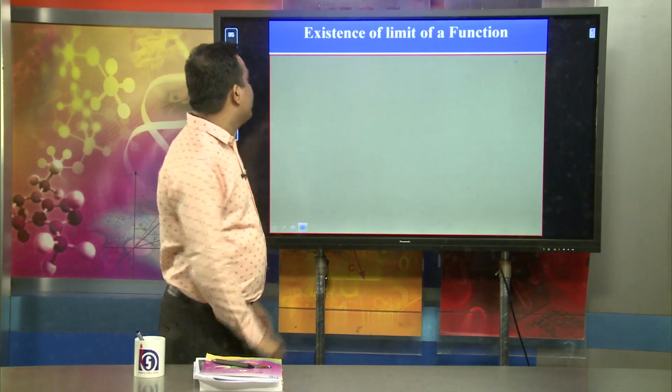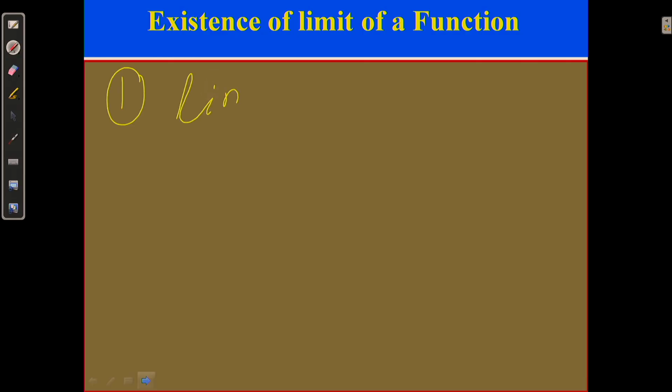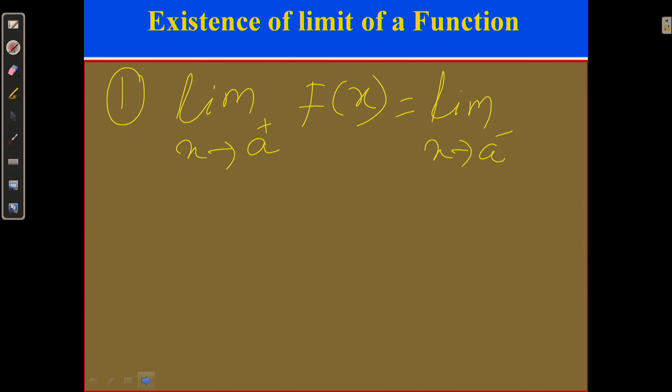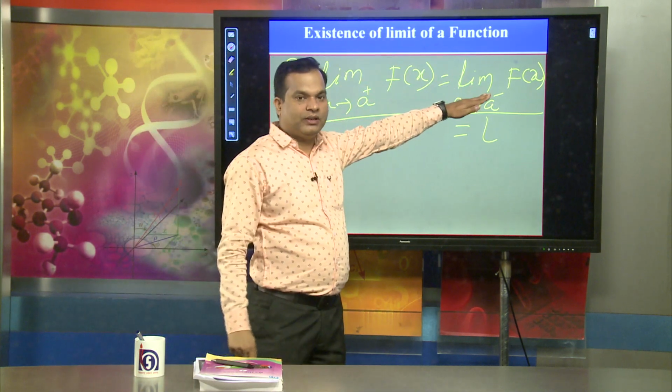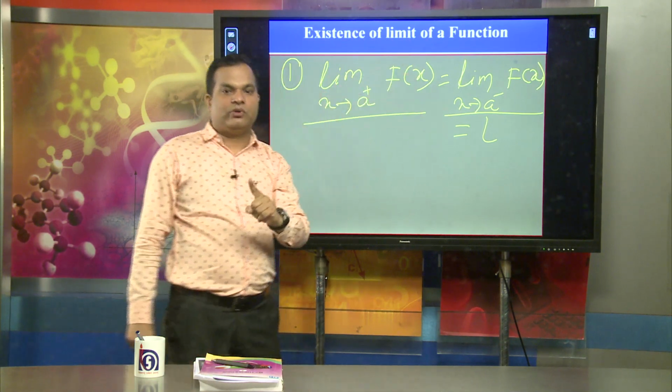That means when limit x tends to a plus f of x equals limit x tends to a minus f of x equals, suppose, L, then we can say the limit exists. When the left hand limit equals the right hand limit, the existence of the limit of a function is possible.